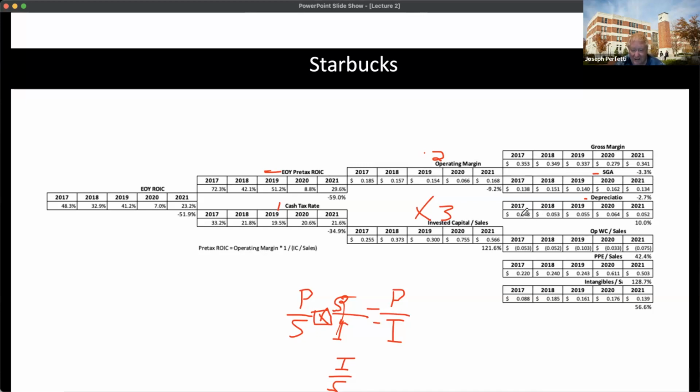Depreciation. 2017, they spent 4.8 cents per dollar of revenue on depreciation. 2021, 5.2 cents. So why is their operating margin lower? Because their gross margin went down and their depreciation went up. Those were the 2 things that compressed their EBIT margin. That's the second level click down.